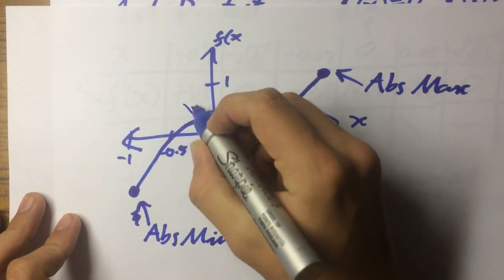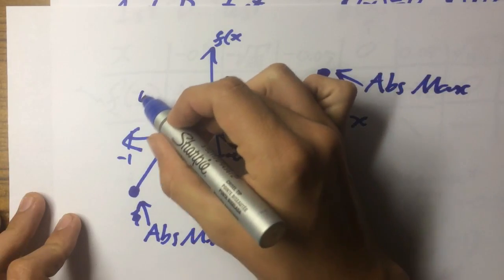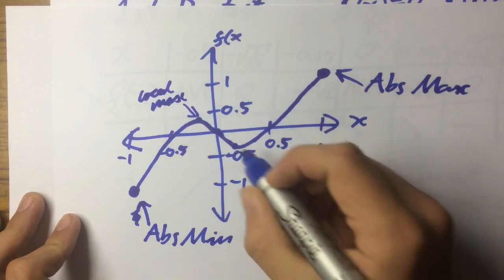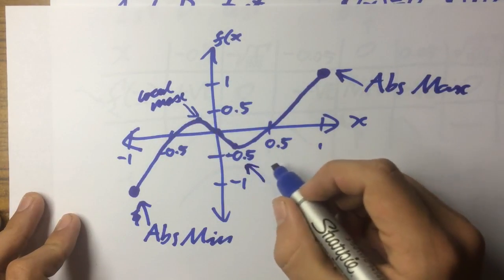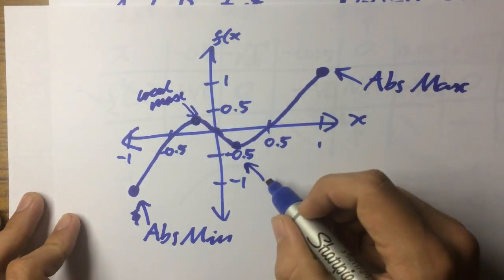And this here is a maximum, but it's a local max. And here is a local min.